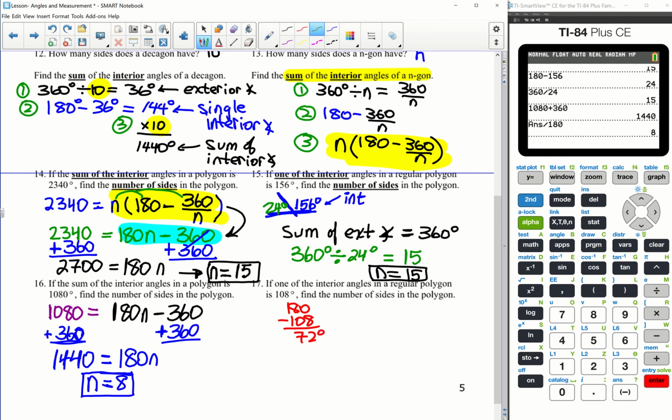And then we took that number and divided it into 360. And so we get 5. So it's given us 5 angles. But number of angles correspond with the number of sides, so therefore we would say n is equal to 5. So this would be a pentagon, but again, not a big deal. You don't have to worry about naming it.